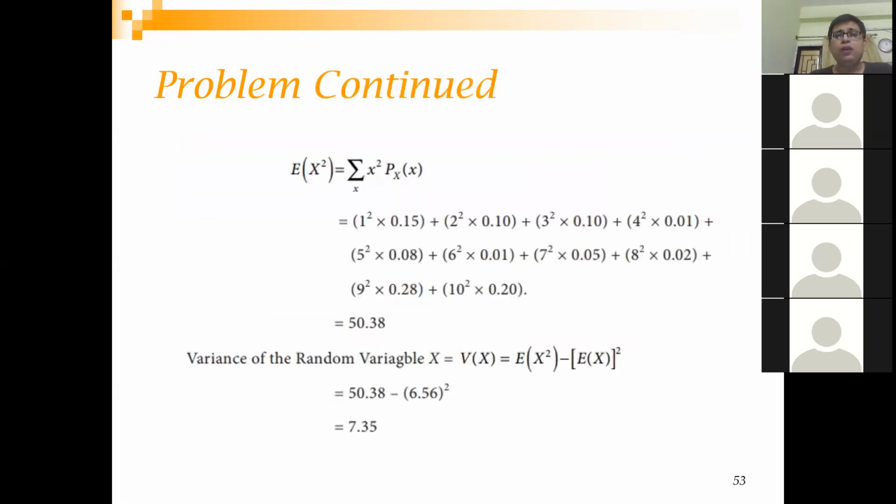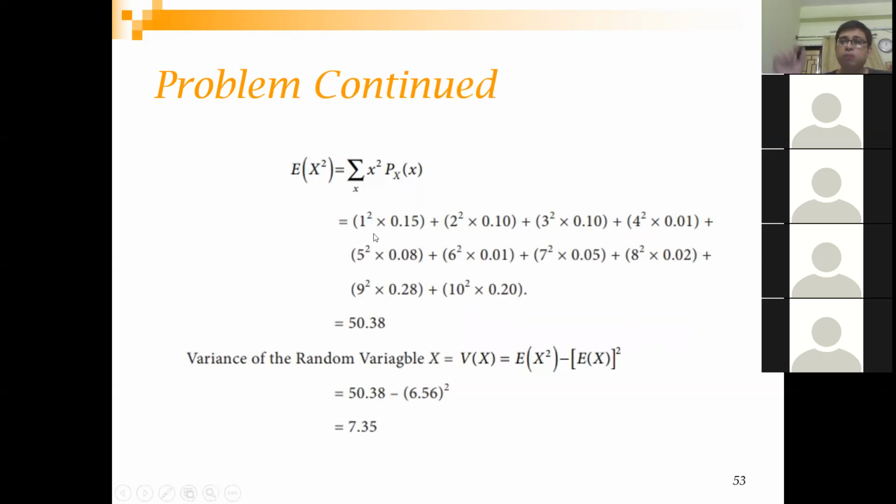Similarly, if you want to find the variance, this was the formula that I was discussing: E of X square minus (E X) square. For E of X square, you just square the value of the random variable, and this random variable X square will also follow the same distribution. So you calculate x square with p(x).